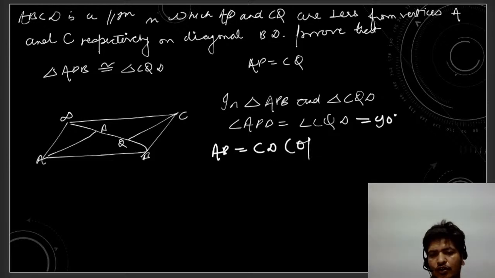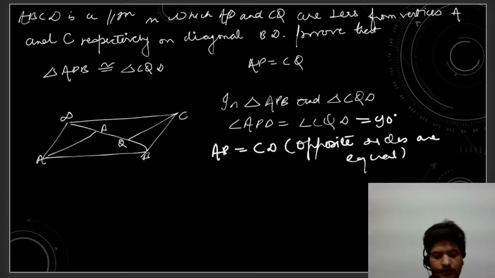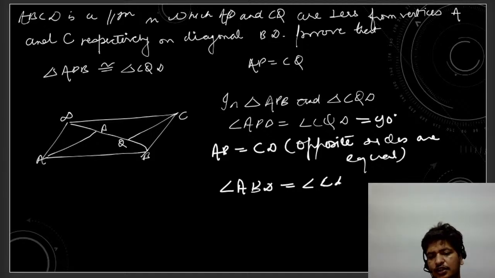Why? Because opposite sides are equal. Next property that we can write, that is angle ABD that is equal to angle CDQ. Why? Because these two angles are alternate interior angle.